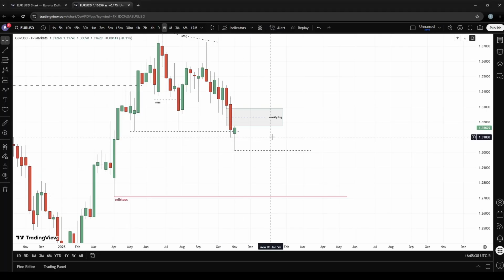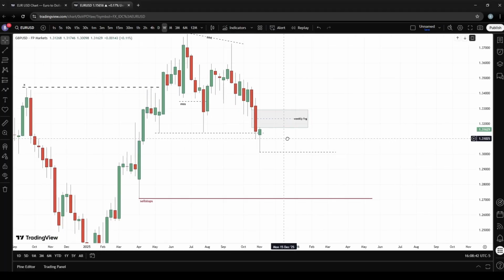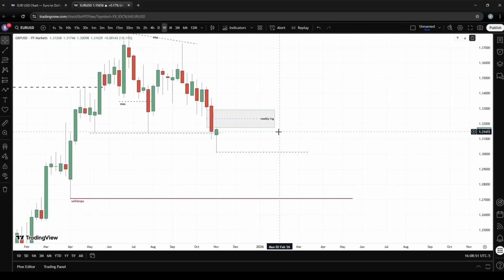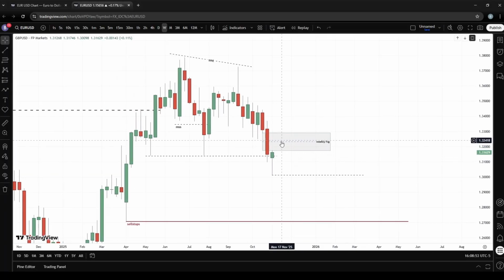The price will actually try to come toward this place, then either partially fill or completely fill this fair value gap. Then you will be able to see some bearish momentum movement on a weekly candle.